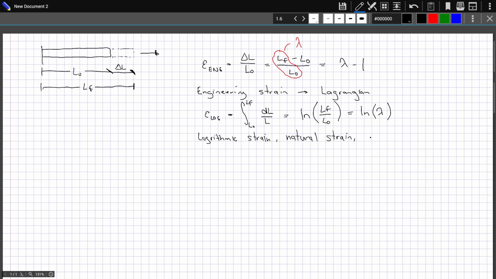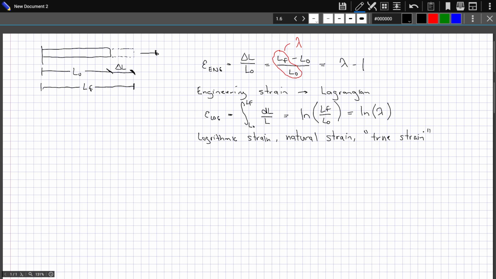Or sometimes, particularly in experimental literature, you might see this called the true strain. I don't like that because in computational literature, sometimes there's another strain measure called the true strain. So I prefer to call it the logarithmic or natural strain.